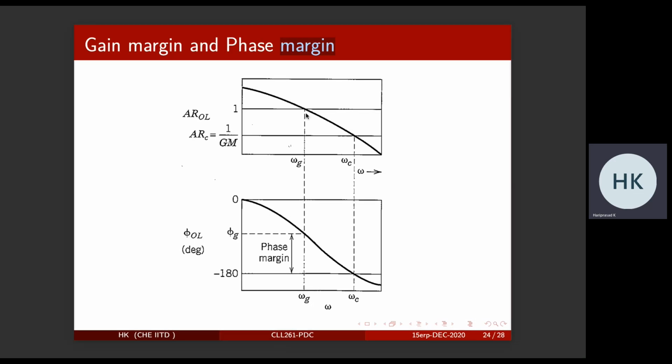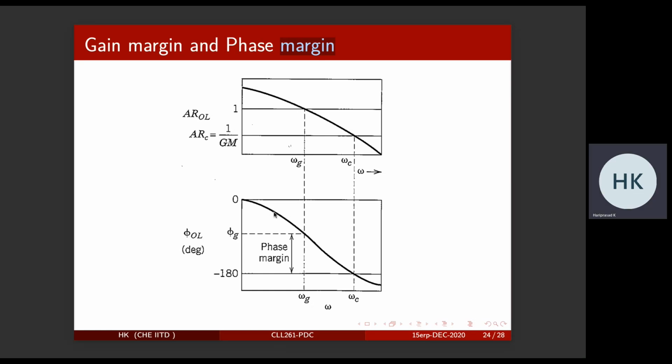Now look at it from the phase perspective. When the amplitude ratio is equal to 1, you project perpendicular down, and it cuts the amplitude graph as well as the phase graph. The frequency at which it cuts is called the gain crossover frequency.